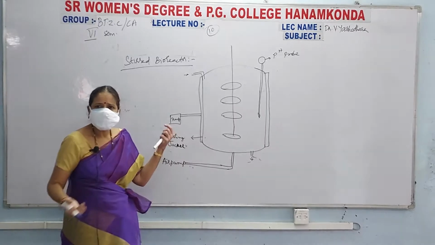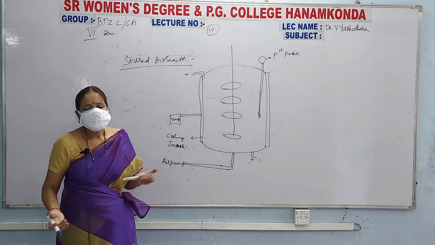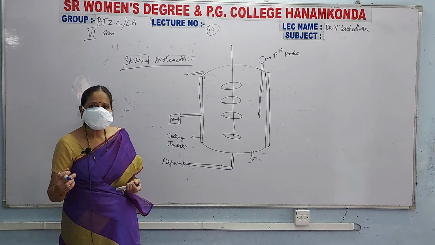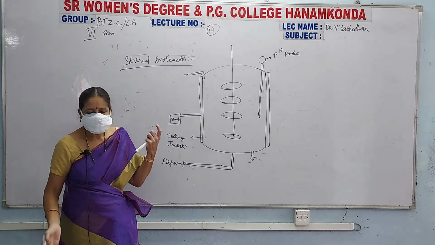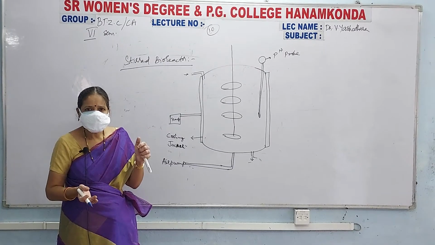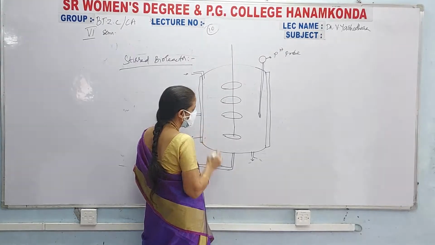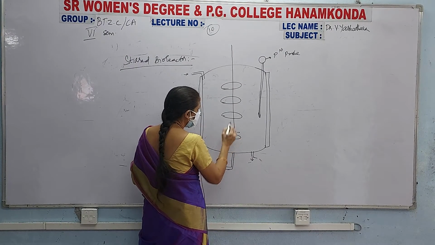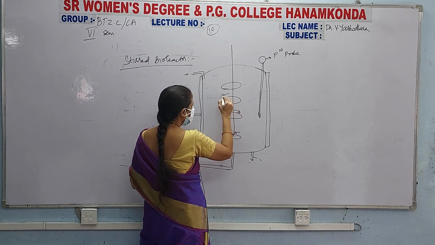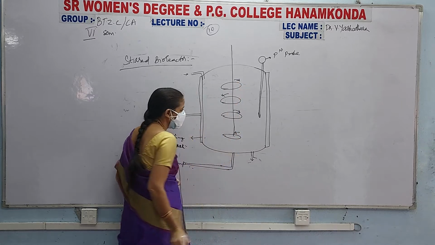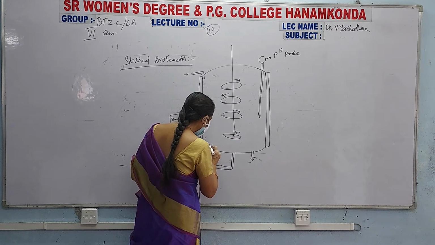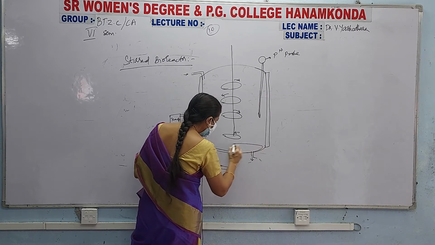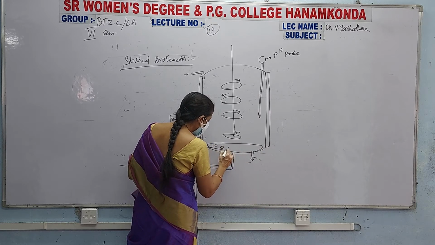If it is a very large one, it has many turbines, or blades, or impellers, you can call them. Many will be there based on the size of the fermenter. If it is a small fermenter, only 2 will be present, and if one is clockwise, the other will be anti-clockwise. And next, it should have at the bottom a plate with holes.